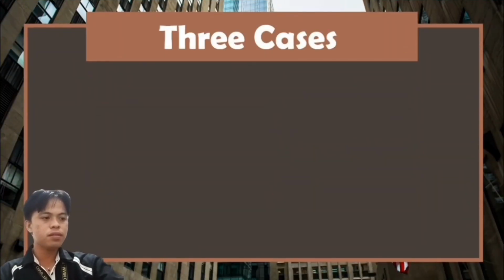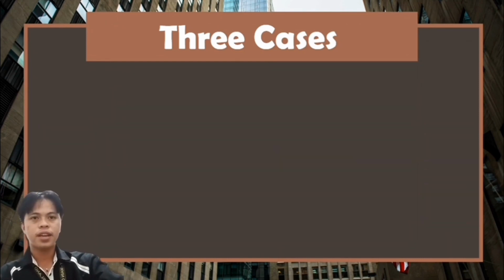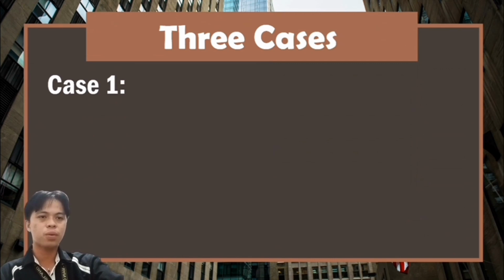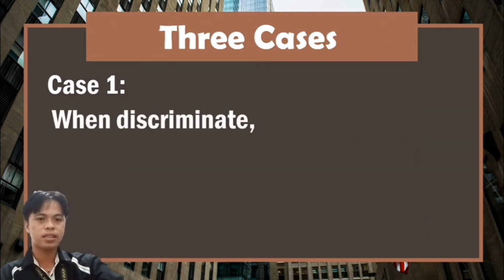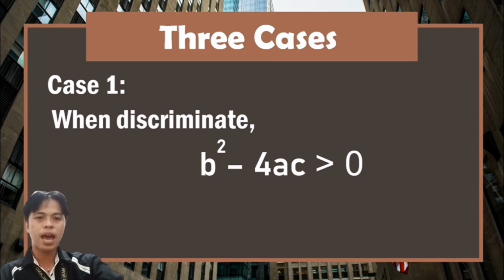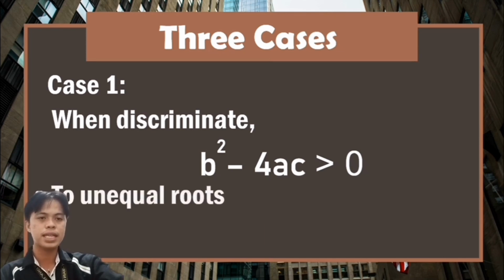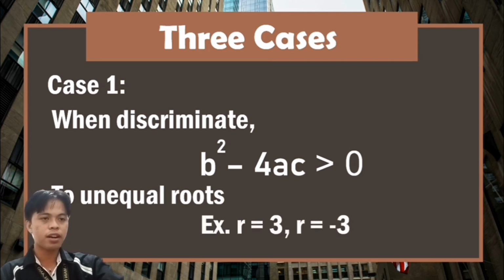Now, in finding the value of r, we have three cases. For case 1, when the discriminant b squared minus 4ac is greater than 0, we will have two unequal roots. For this example, we have r equals 3 and r equals negative 3.